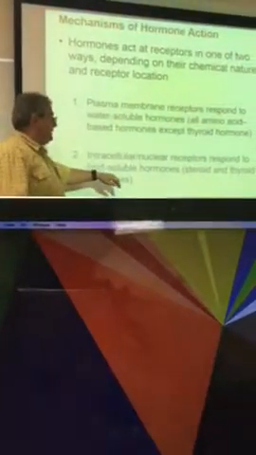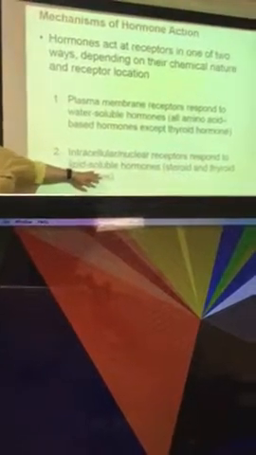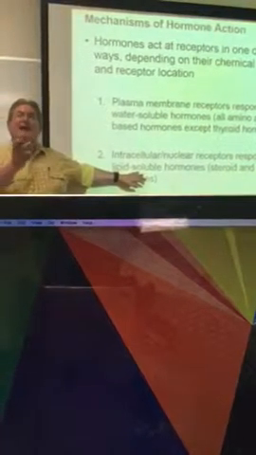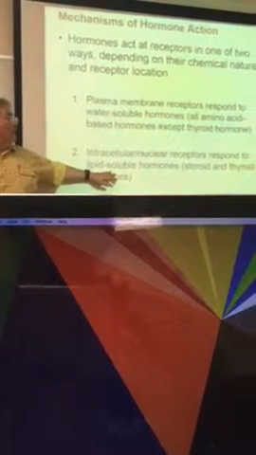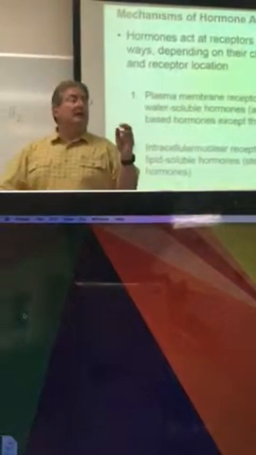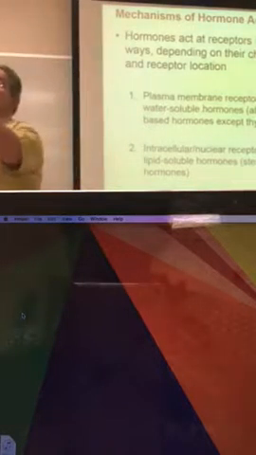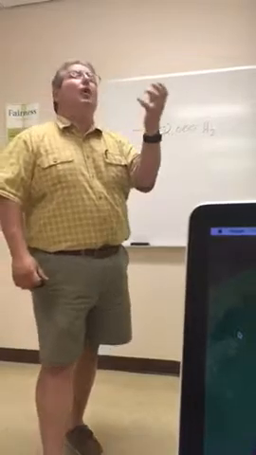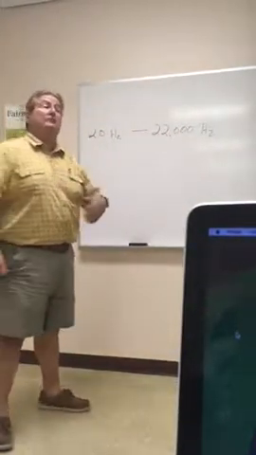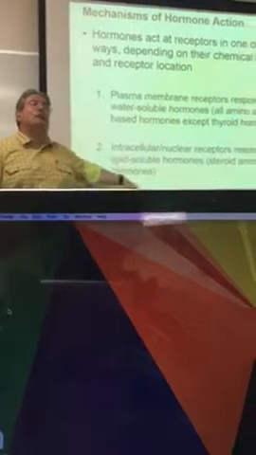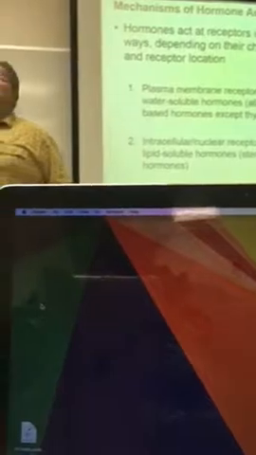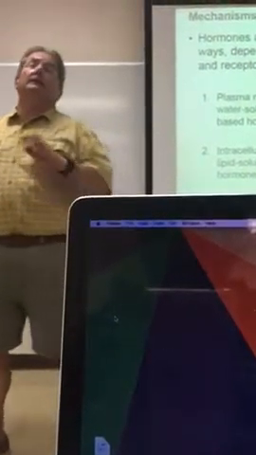On the other hand, the lipid-soluble types, the steroids and some amino acid-based hormones that are lipid-soluble, pass through the lipid membrane no problem, even if they're big. And so they don't necessarily interact with receptors on the surface because they can get into the cell so readily. So the receptors for these kinds of hormones, like steroids, are inside the cell itself.